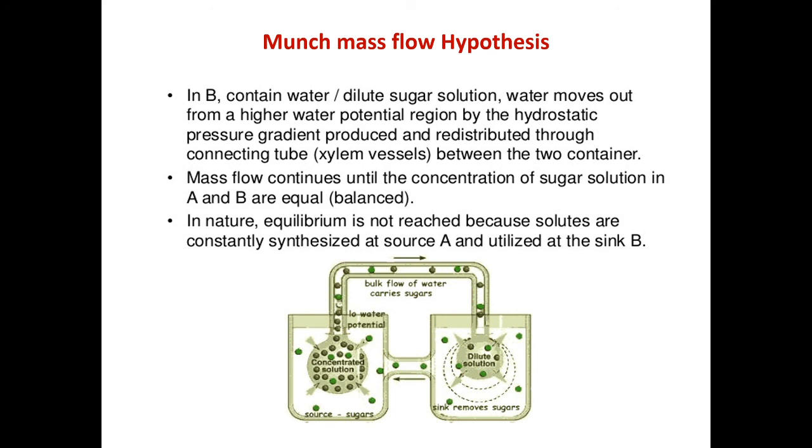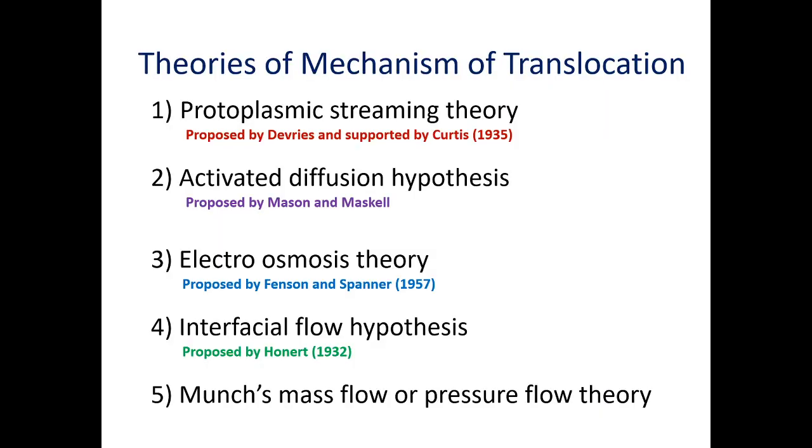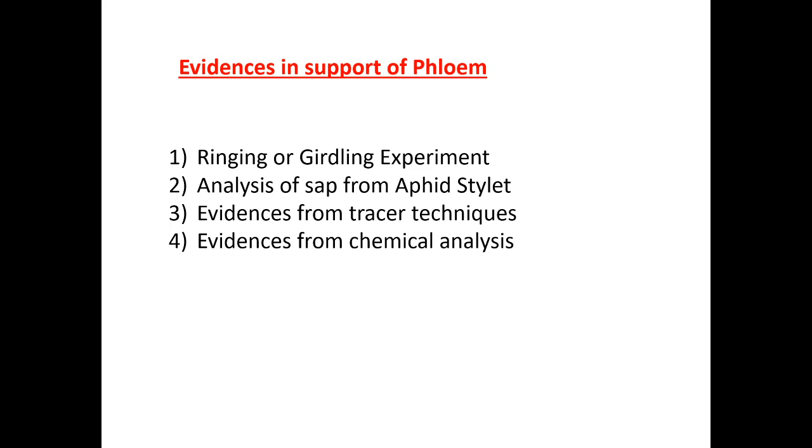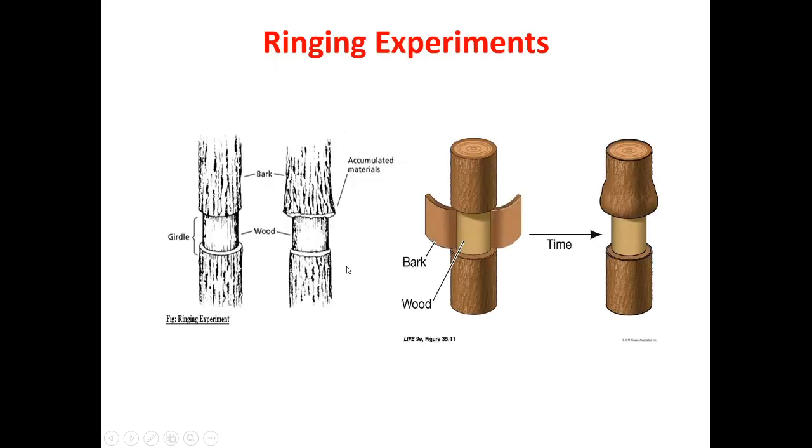So this is about today's lesson. Okay, we will summarize. Translocation of organic solutes. We have seen the evidences in support of phloem, that is, the ringing or girdling experiment, analysis of sap from aphids, evidences from tracer techniques, and evidences from chemical analysis.